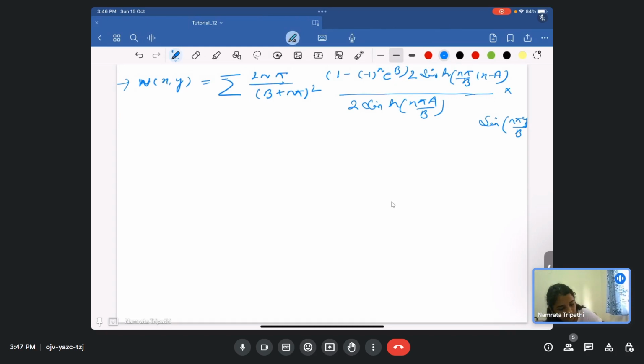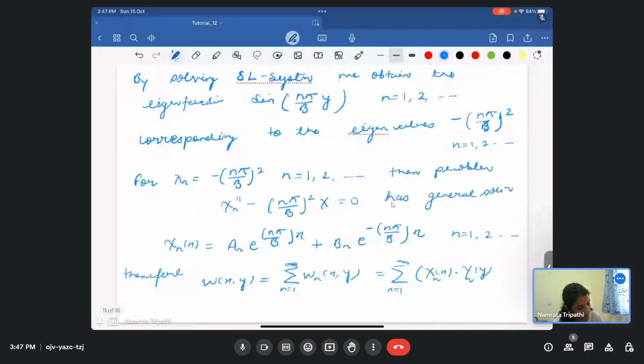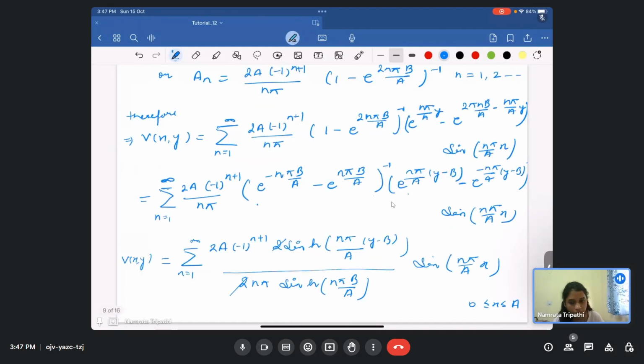Now what will be the solution for u x y? Hence, by adding the solution for v and the solution for w, we will obtain the solution for u. So just write the solution for v. Okay, this is the solution for v. Fine.